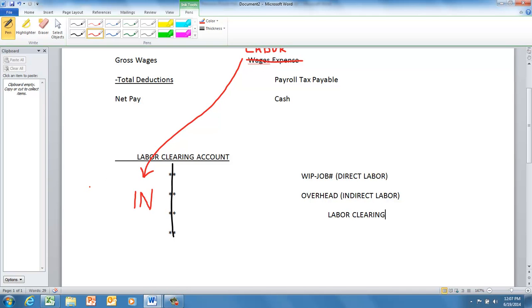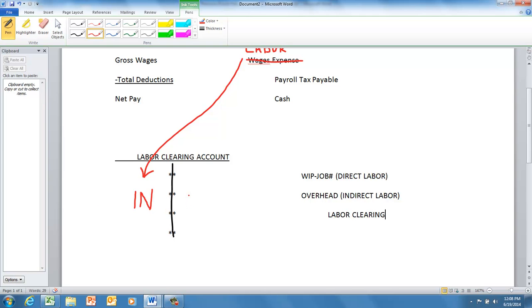Whenever we debit labor, that's when the wages are coming in. But with the labor clearing account, that's why it has the word clearing, because we're constantly clearing it. It's just used as something's coming in and something's going out immediately.